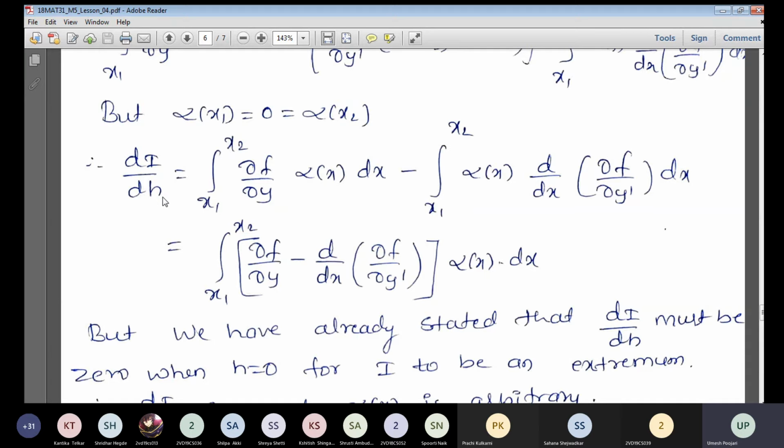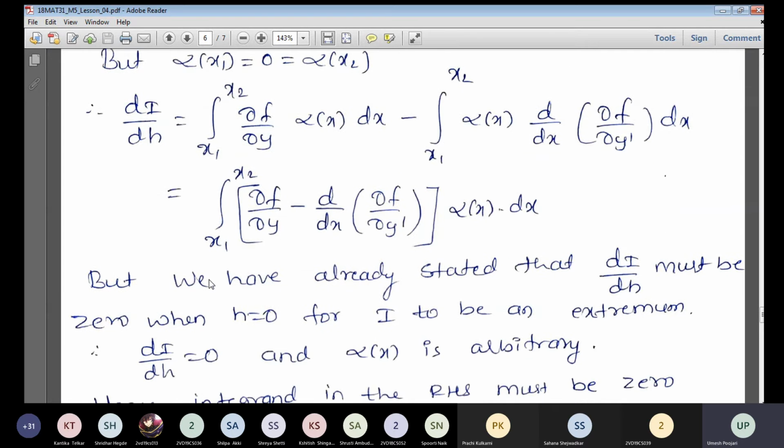Still we have not obtained our required result. But you can see now the right hand side has a definite integral, so many things, but on the left hand side what do we have? dI by dh. So what is the value of dI by dh here? dI by dh should be 0, because this is the condition for an extremum. We have already stated that dI by dh must be 0 when h is 0 for I to be an extremum.